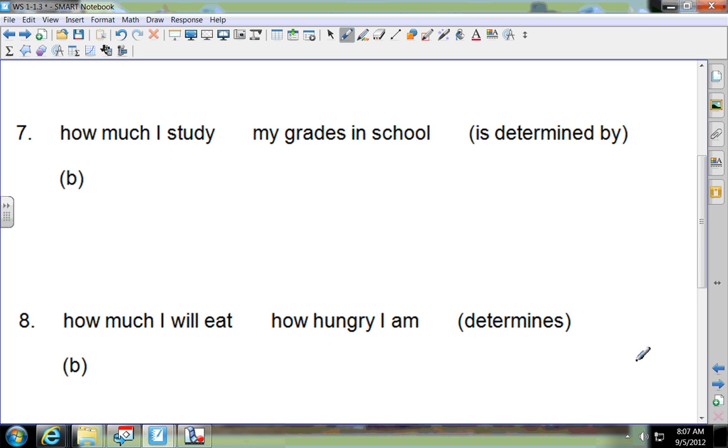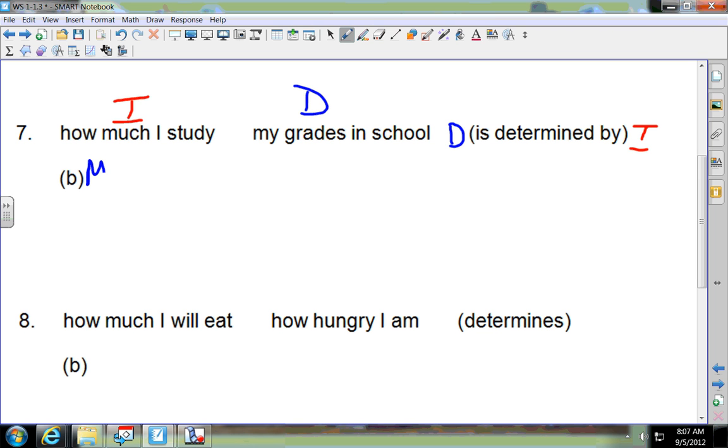Okay, on this one, the first thing you need to look at, you had to label the independent and the dependent. It talked about how much I study and my grades in school. The first thing that you have to do is study. The dependent is your grade in school. Remember, the dependent is determined by the independent.